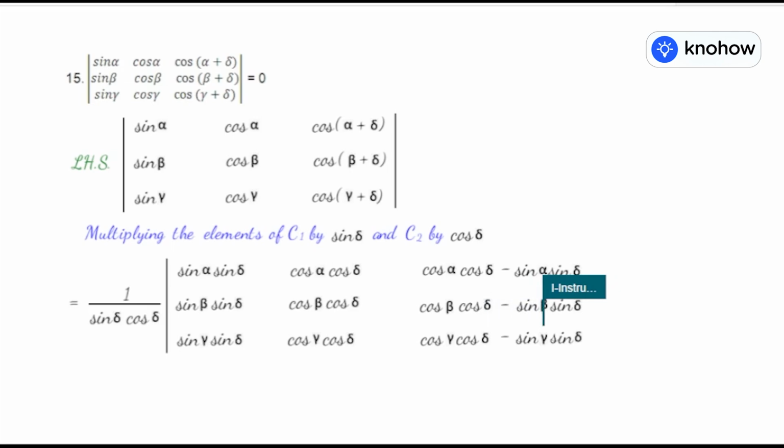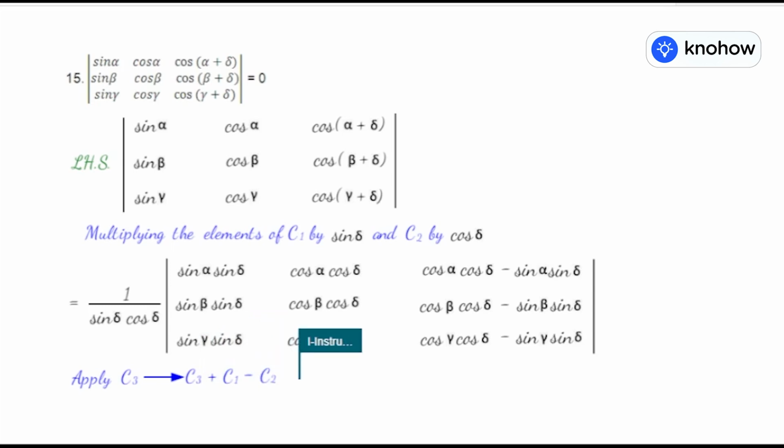Now what do you do? We find that in column 3, if you add column 1, the sin alpha sin delta kind of terms will cancel, and you subtract column 2 and you will get 0. So now you replace C3 by C3 plus C1 minus C2, keeping the first two columns as such.